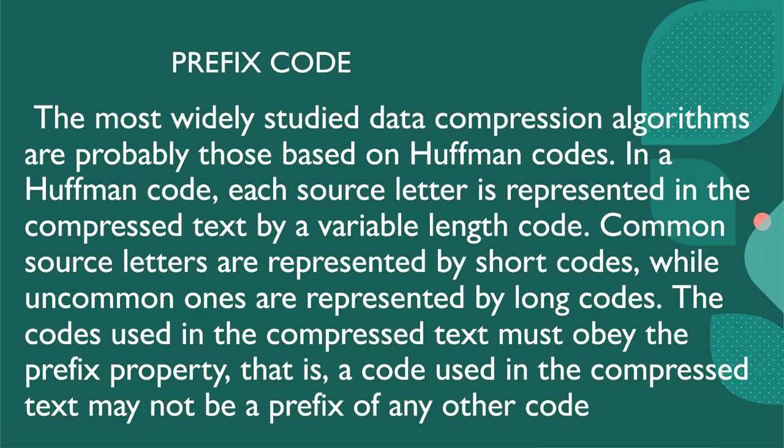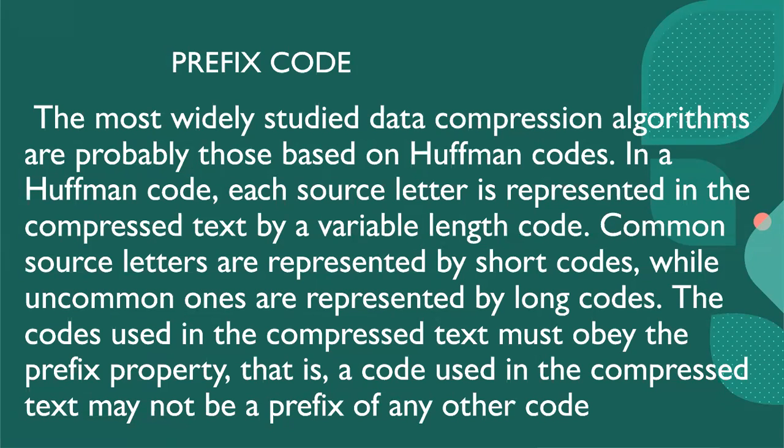The codes used in the compressed text must obey the prefix property, that is, a code used in the compressed text may not be a prefix of any other code.